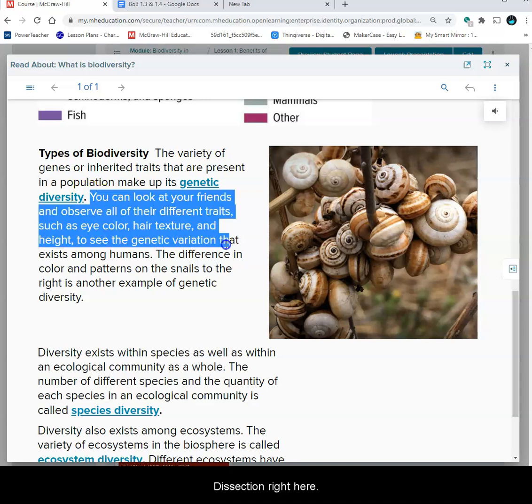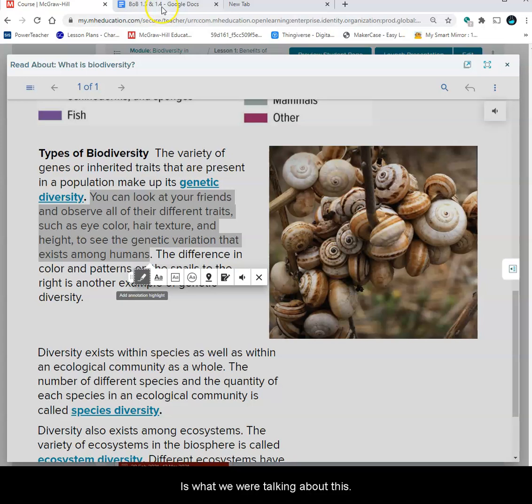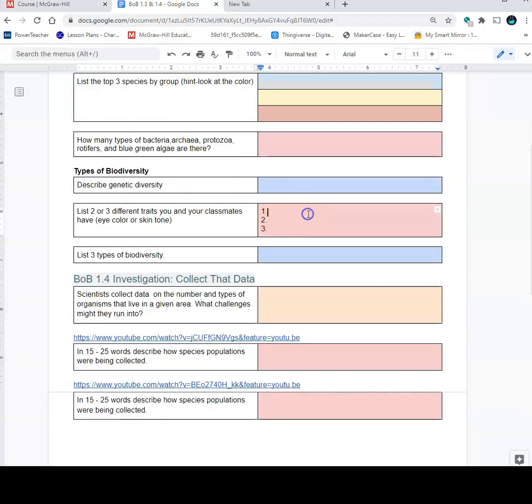This section right here is where we were talking about 3 different traits that you and your classmates have. So a trait is basically just anything that is expressed differently. It has different variations. So everybody in your class has eye color.